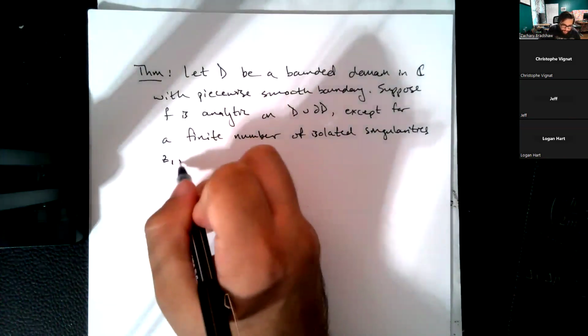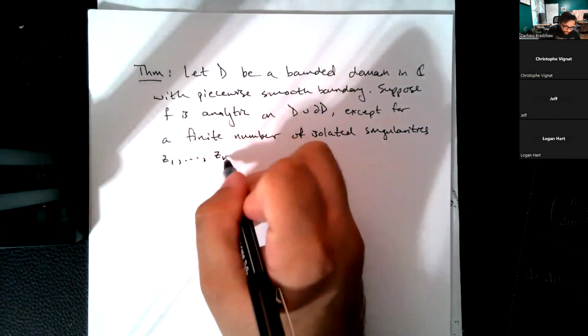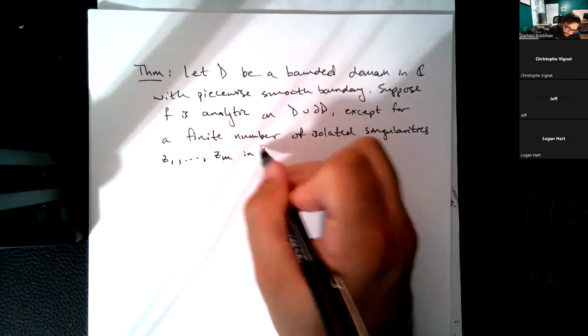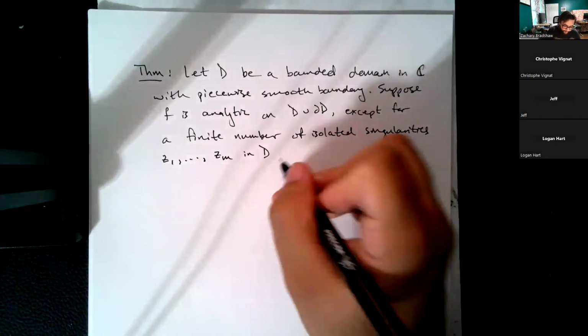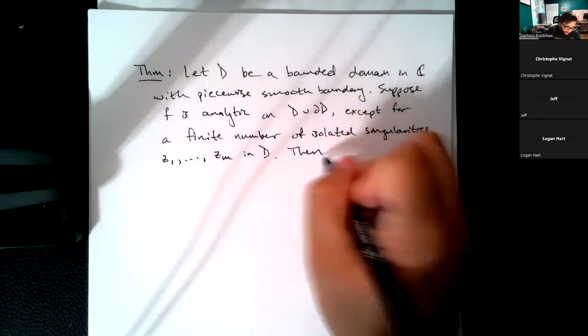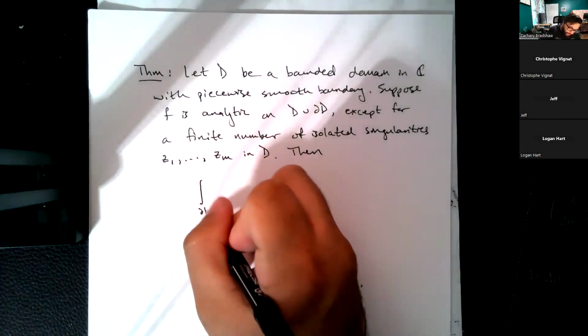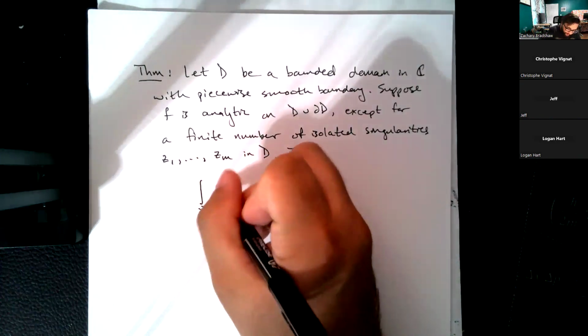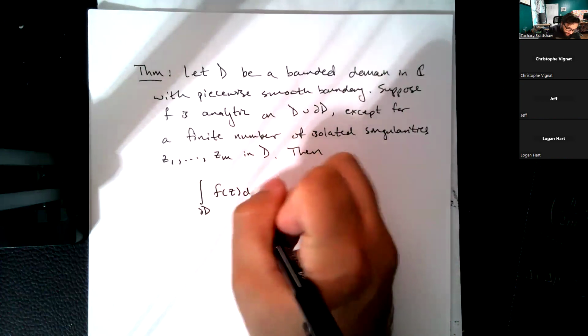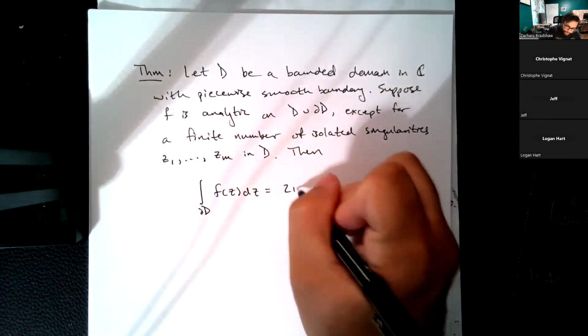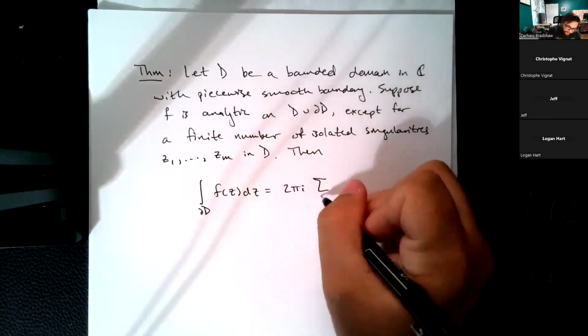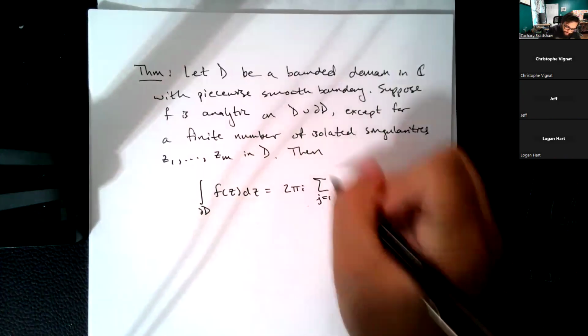Let's call them z1 through zm, and they should be in that domain D. Then the integral along the boundary of D of our function is in fact equal to 2 pi i times the sum of the residues.